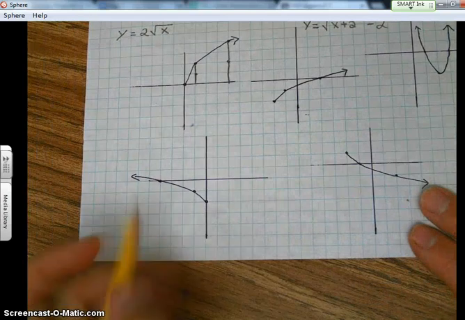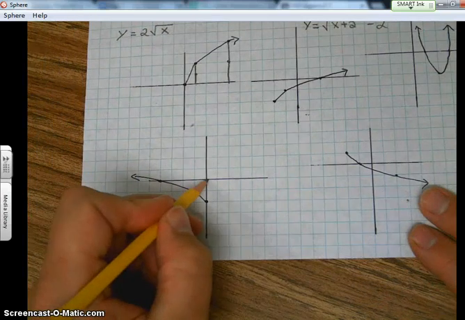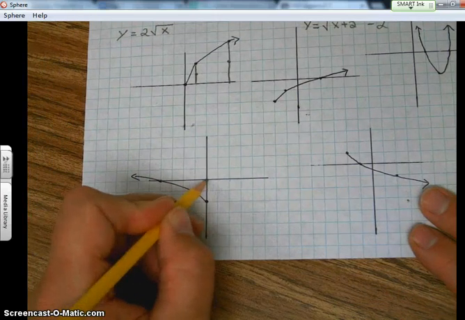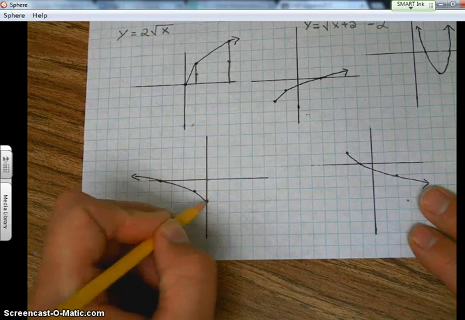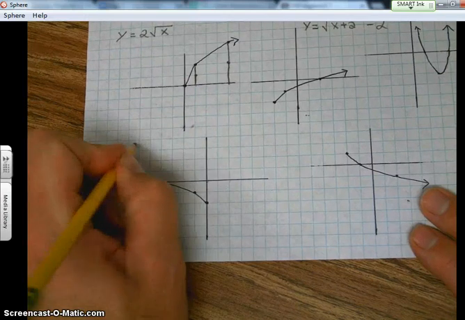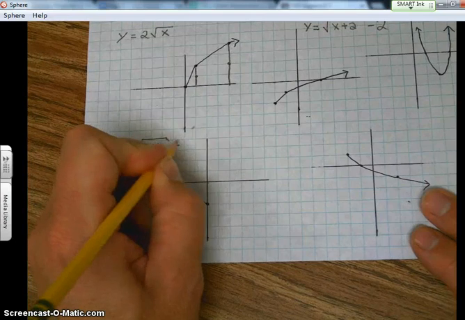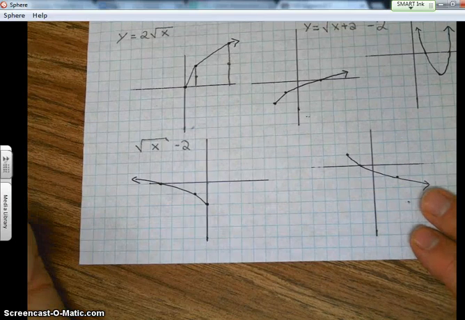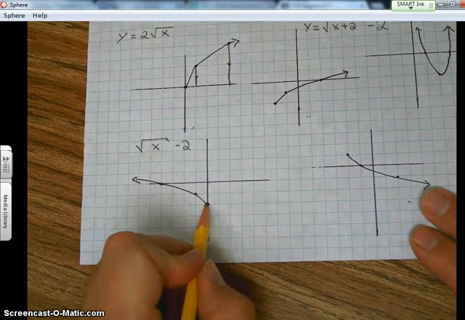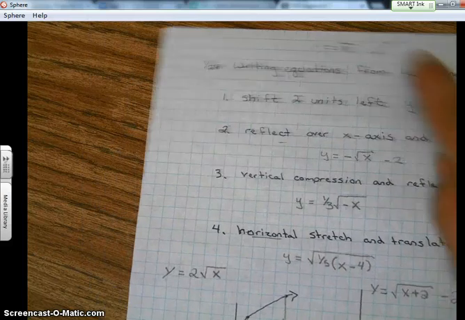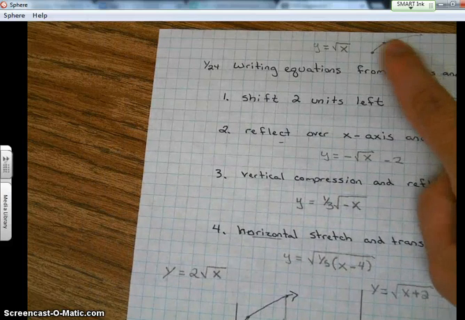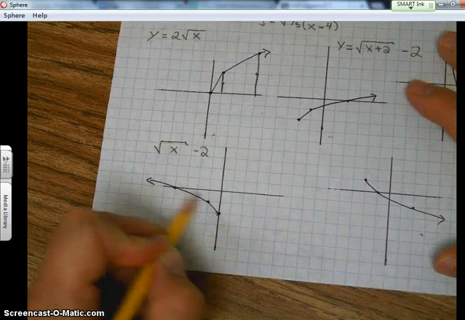Okay, let's take a look at this one. Did it get translated left or right? No. Did it get translated down? Yes. Down 2. Now, notice compared to the parent, it's not going to the right anymore, it's going to the left.